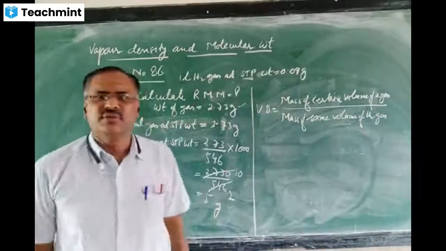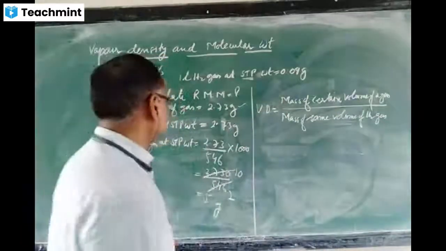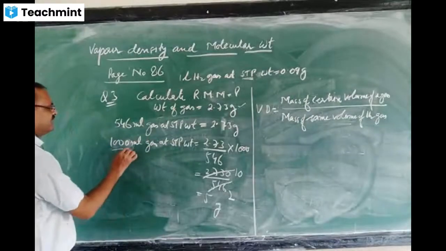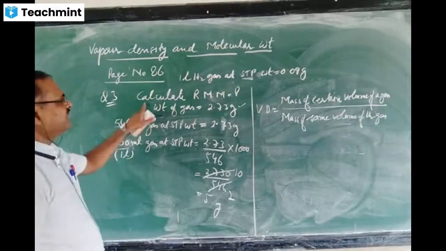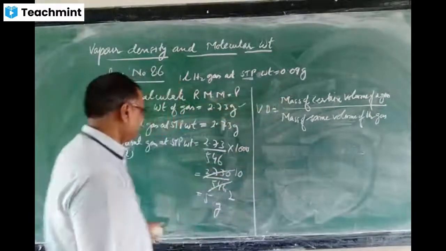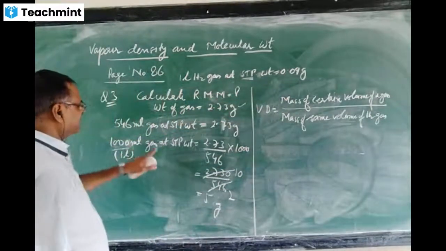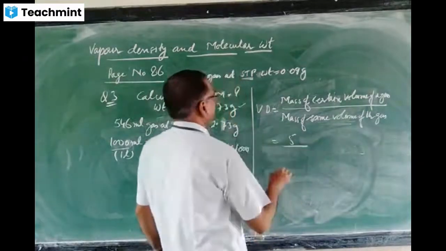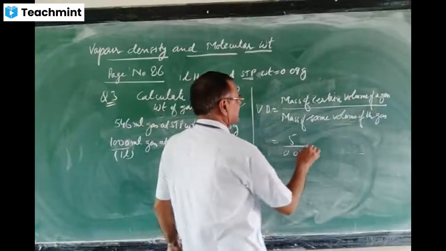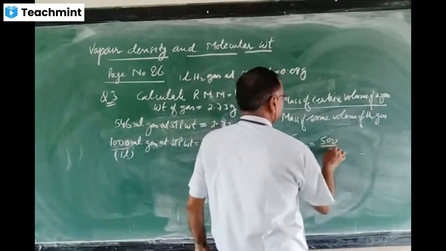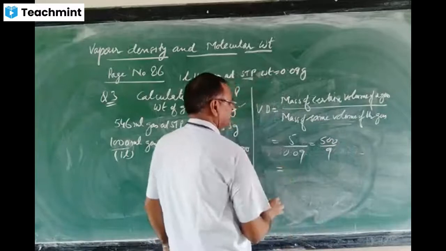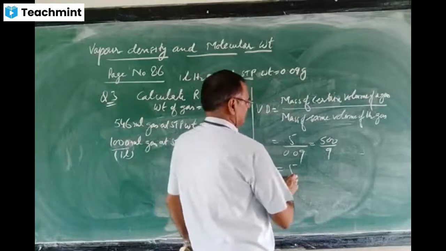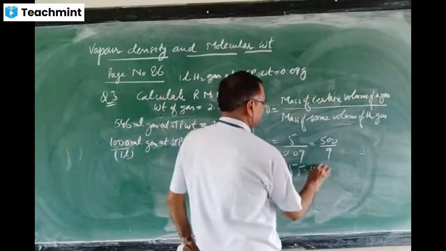This is the formula we will use here. This certain volume is 1000 ml. Either you take 1000 ml or 1 liter, both are the same. So 1 liter hydrogen mass is given 0.09 and 1 liter of that gas mass is 5 gram. So 5 divided by 0.09, then 500 upon 9, and if you divide, 9 fives are 45, then this will come like that.